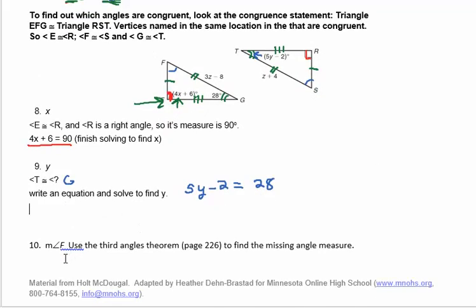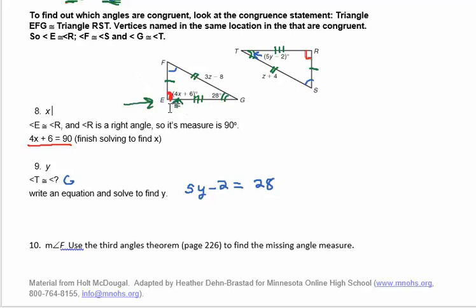The measure of angle F is equal to the measure of angle S, but I don't know either of those, so that won't help me. I can't write an equation. But once you find the measure of angle, I forgot what this one was, E. It's E. I covered it up a little bit with the arrow.